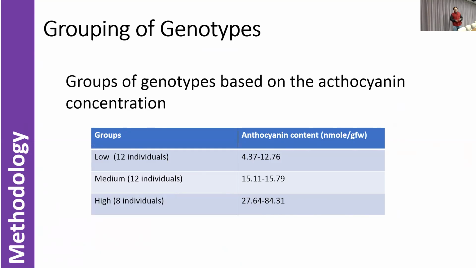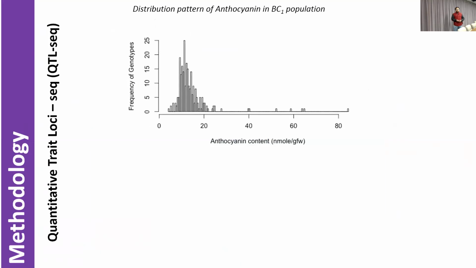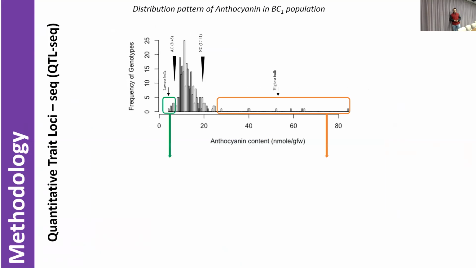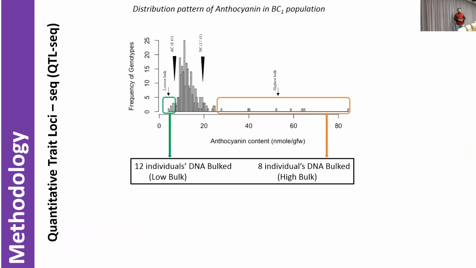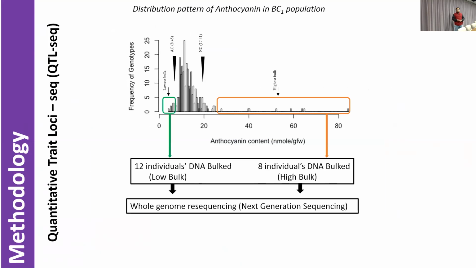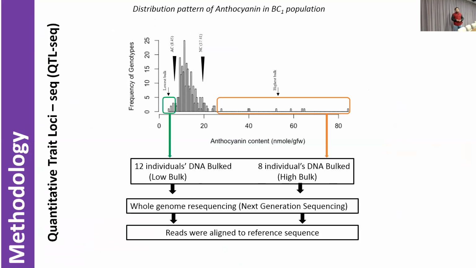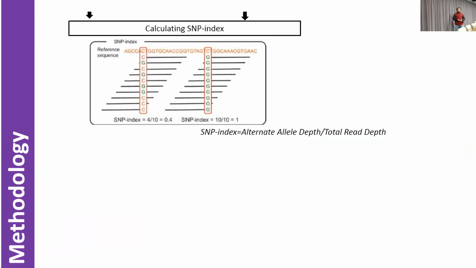Within these 3 groups, we took the lowest and the highest groups, and we bulked the DNA from these groups. After bulking the DNA, we did whole genome resequencing, applying the next generation sequencing method, and then we aligned those reads to the reference sequence. After that, we calculated the SNP index.